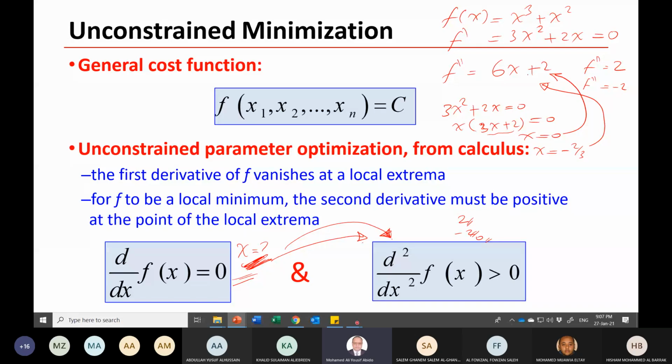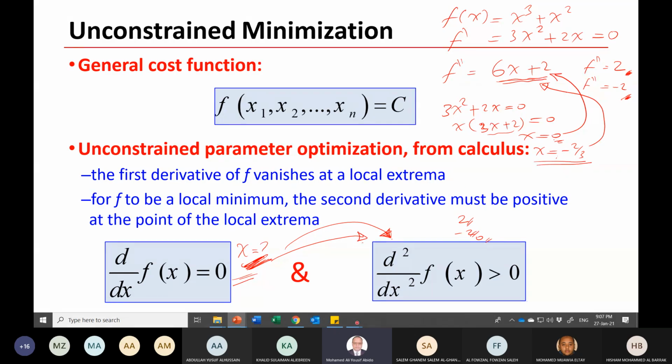So the second derivative, you substitute by x what is given here. At the end, you have a constant value, and this constant could be positive or negative. This is the local minima, and this is the local maxima. At x equal to minus 2 over 3 you have a local maxima, and at x equal to 0, you have a local minima.